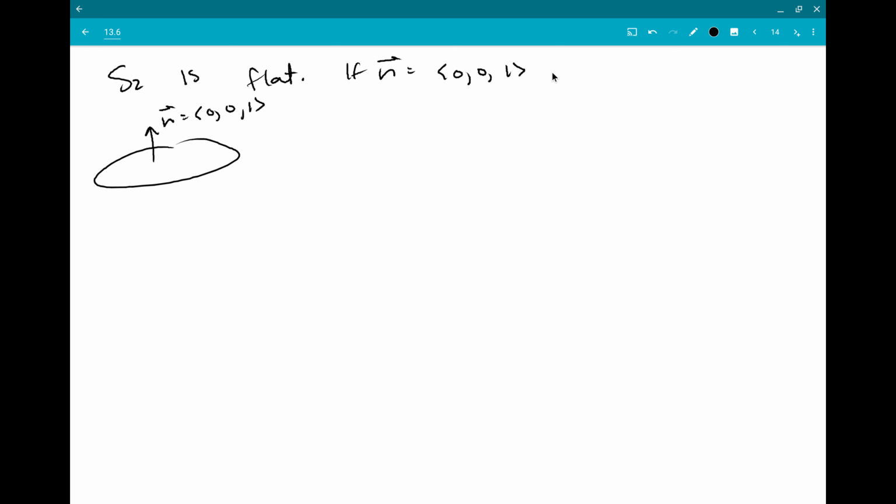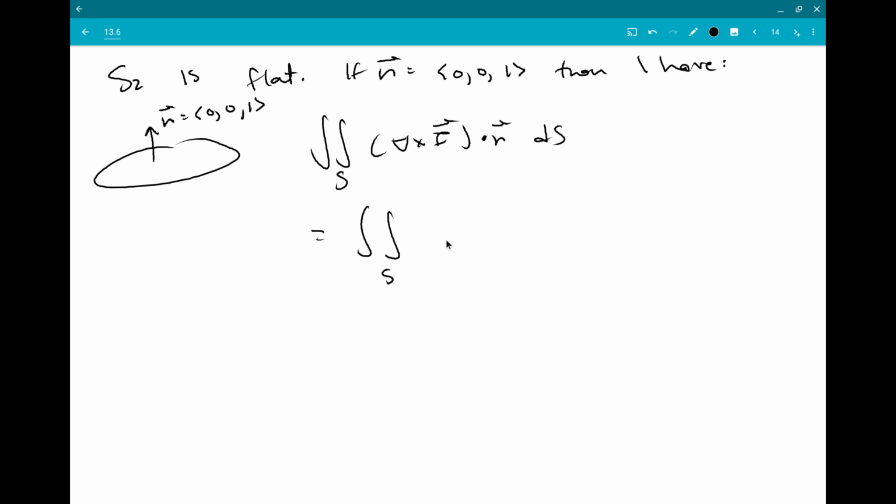If n equals 0, 0, 1, then I could write my surface integral of del cross f dotted with n dS as the surface integral of x e to the xy, minus y e to the xy, 0, dotted with 0, 0, 1 dS.